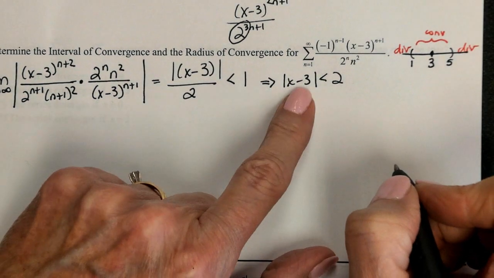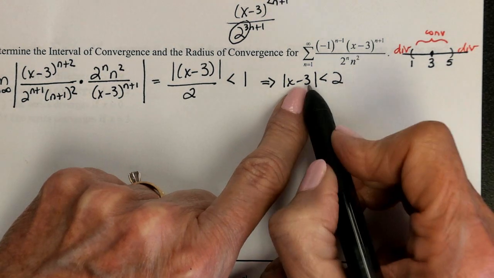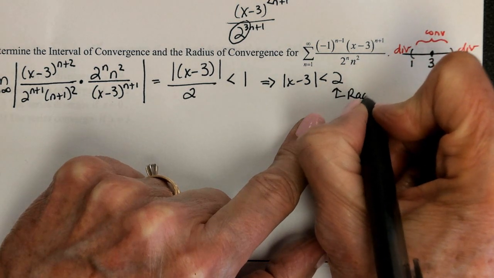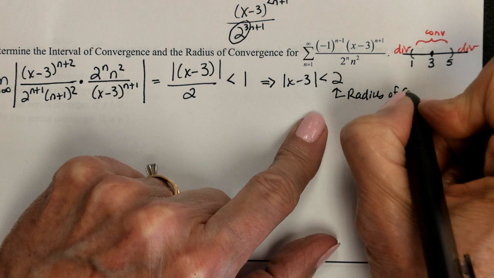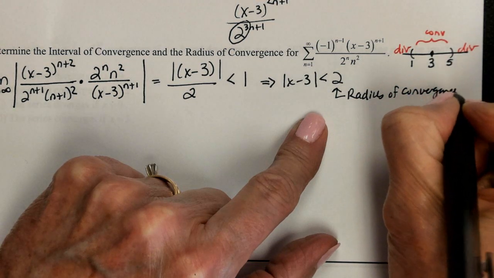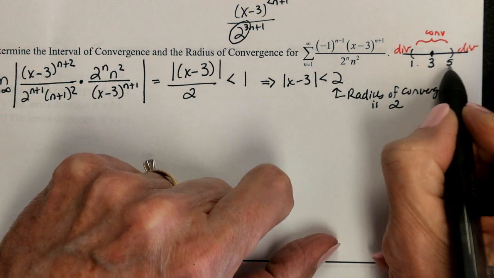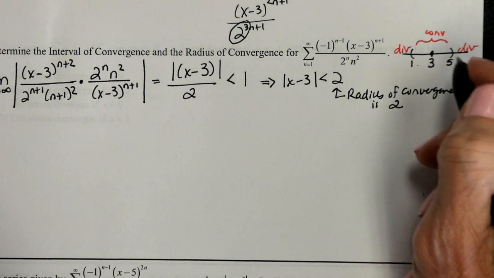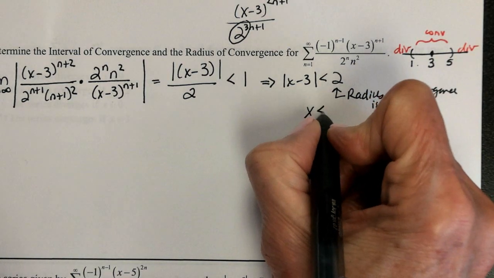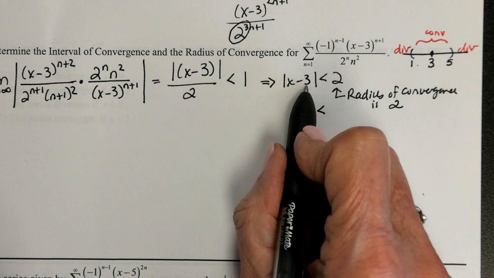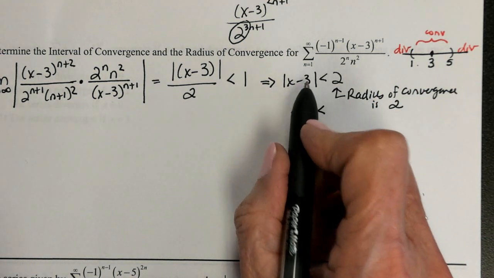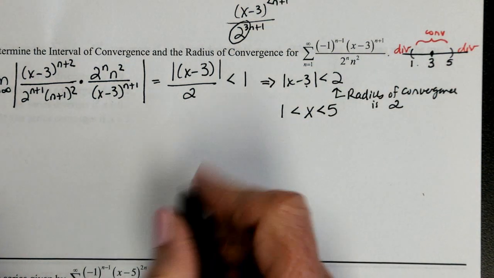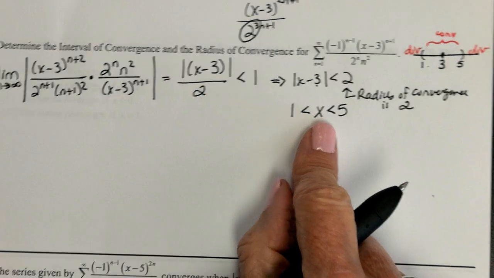As soon as you get the x minus 3 by itself, this gives you the radius of convergence. So the radius of convergence is indeed 2. So the interval of convergence is 2 away from 3 in either direction. 5 on top, 1 on the bottom. 1 to 5. That is the interior of the interval of convergence.